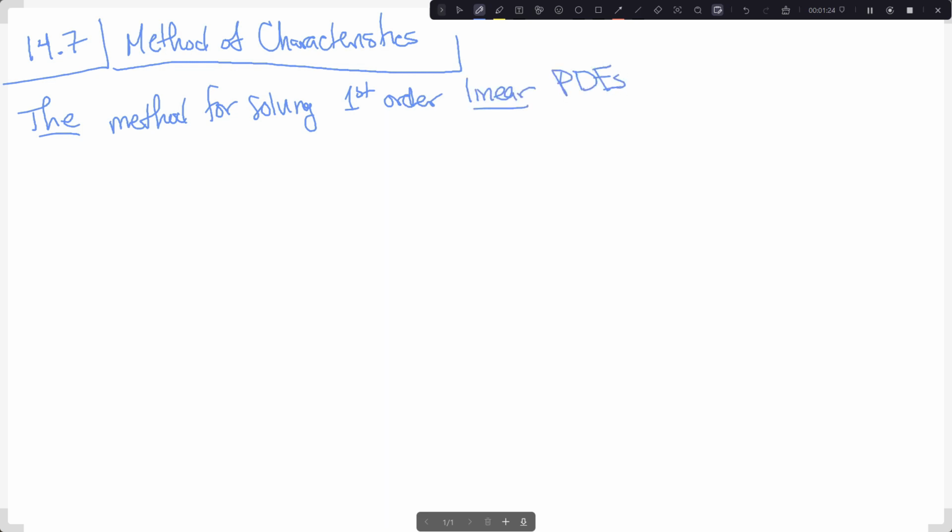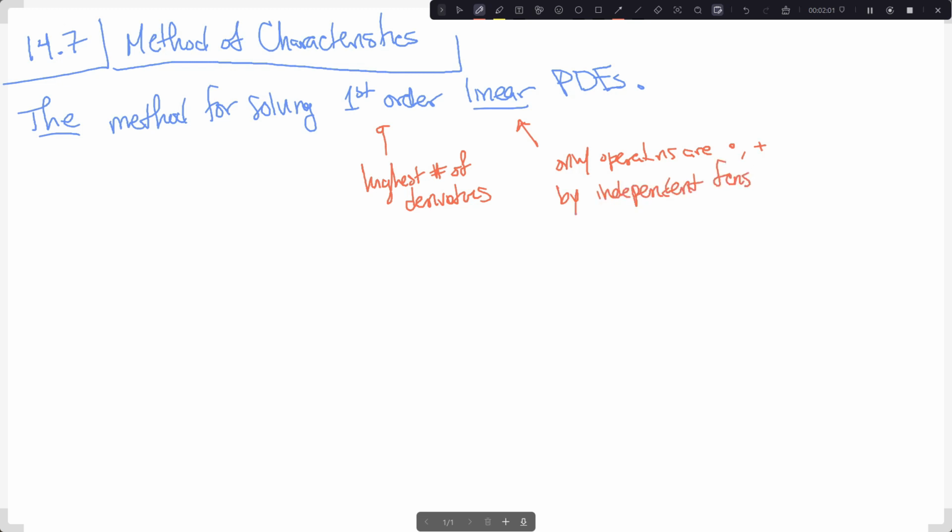PDEs. You recall the order of a PDE is the highest number of derivatives. And linear means that the only operations are multiplication and addition, and in both cases, those operations are by independent functions, as in not multiplying an unknown with itself.